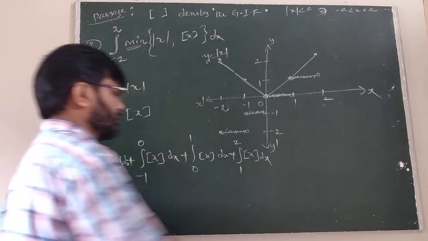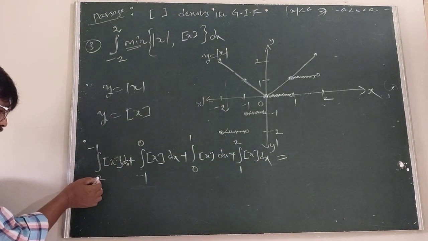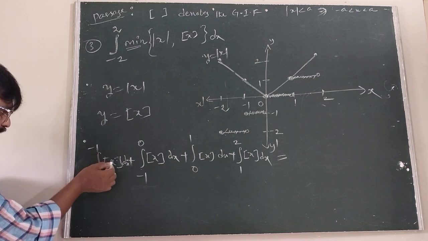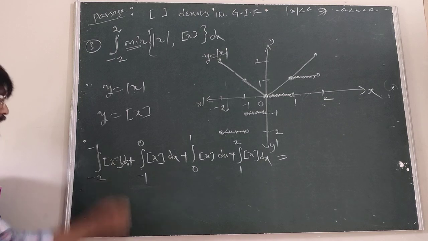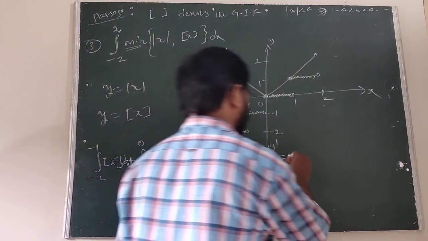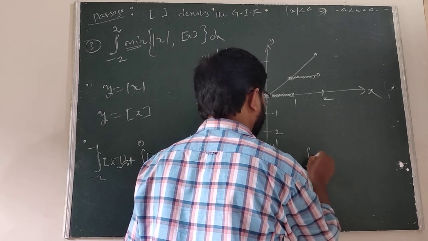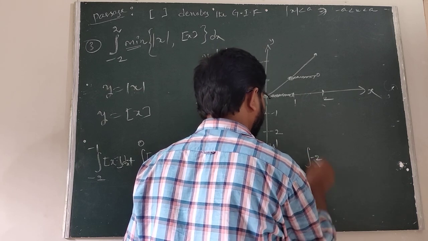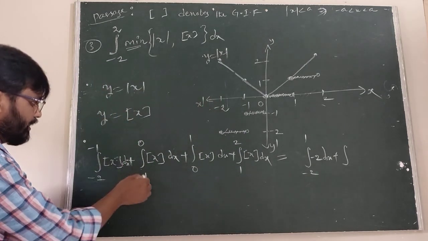Now we can write the integral from -2 to -1 of step x. Suppose we are taking -1.5, this is -2. Therefore, -2 integral, all of you listen here, from -2 to -1 dx. After that, the integral from -1 to 0.